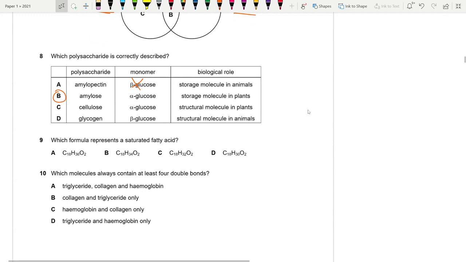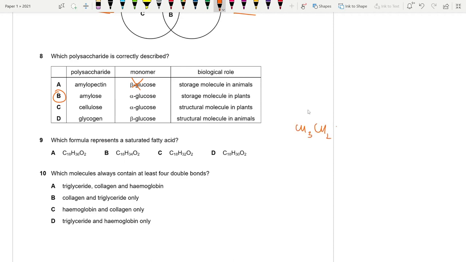Which formula represents a saturated fatty acid? Okay, let's try to understand this. Look at this.